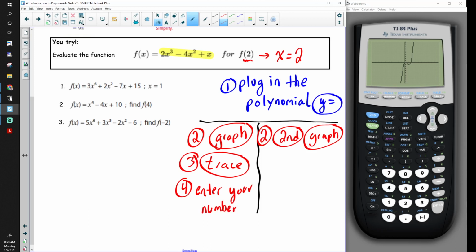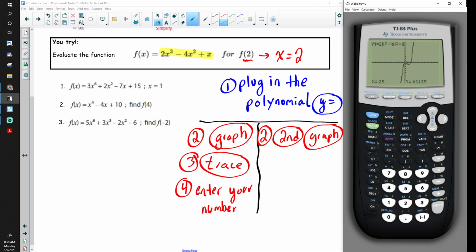Okay, so here if we click trace, I can now plug in anything I want. I could plug in 5 and click enter and it would tell me. I could click trace and enter in -3 and click enter. I could even put in a fraction, 1 divided by 4, 1/4. The graph way is nice because you can type in anything you want.